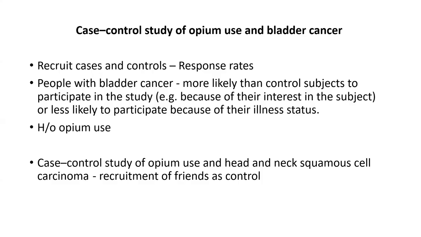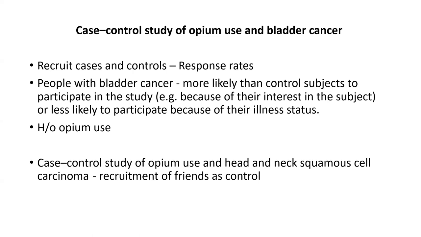With respect to exposure, if you are asking a history of opium use in both cases and controls, there can be reporting bias. There can be social desirability bias. So when you're reading such reports or planning such studies, you have to take into consideration whether bias can creep in. Another example here is opium use and squamous cell carcinoma, where you want to recruit friends as controls.